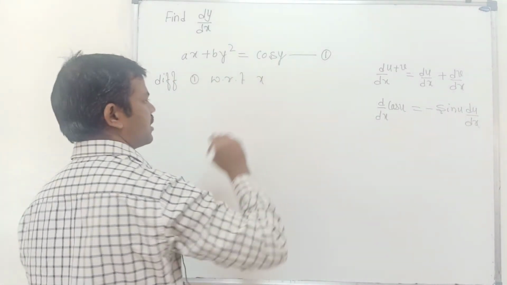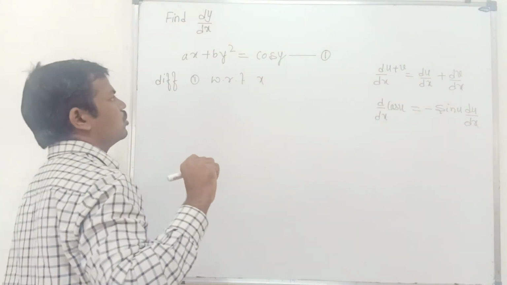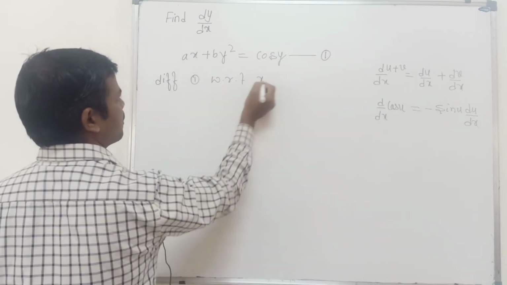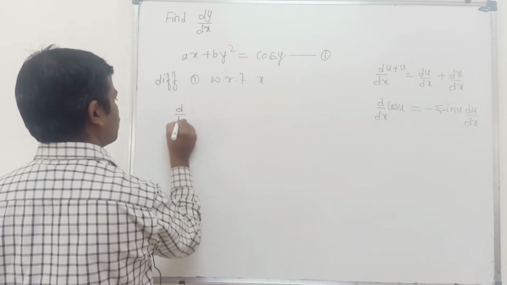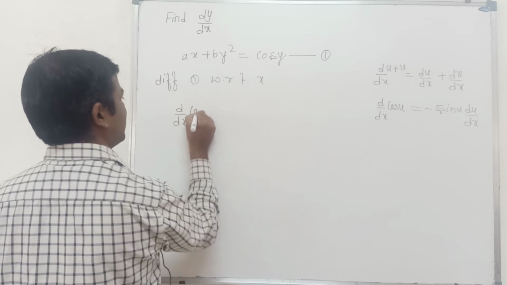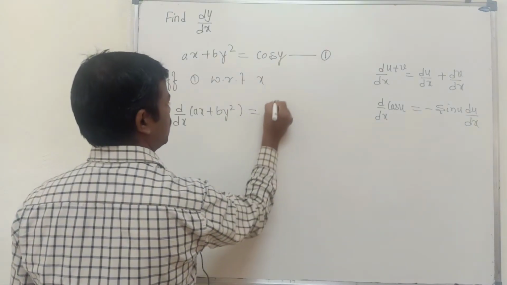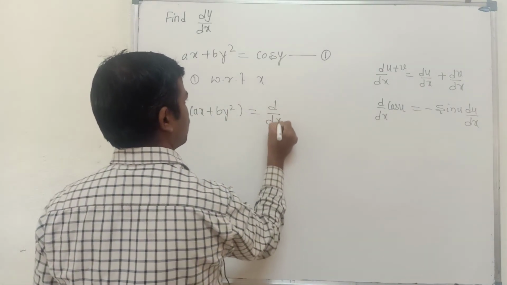So differentiate 1 with respect to x: the derivative of (ax + by)^2 is equal to the derivative of cos y.